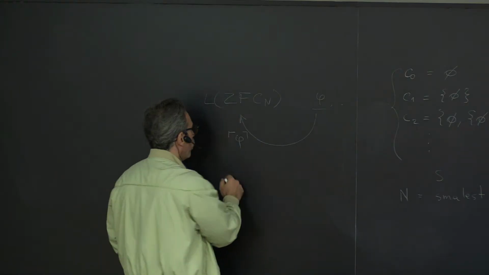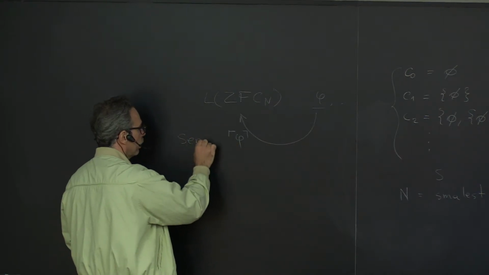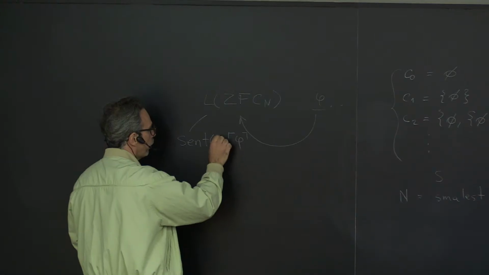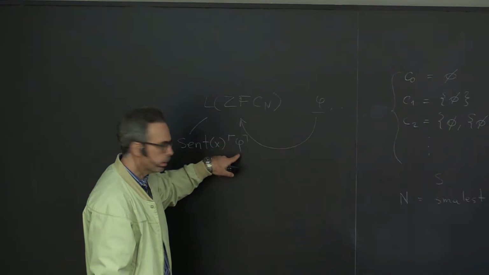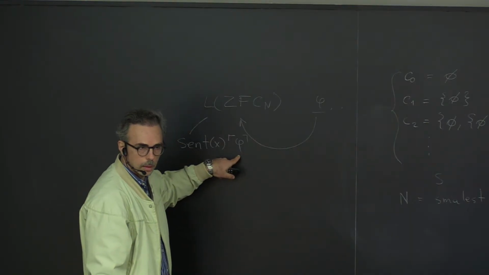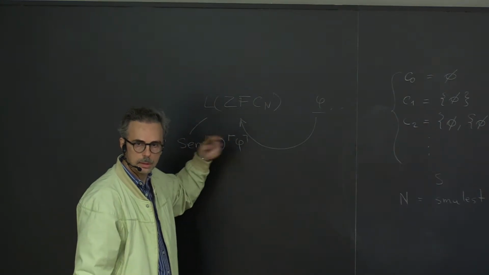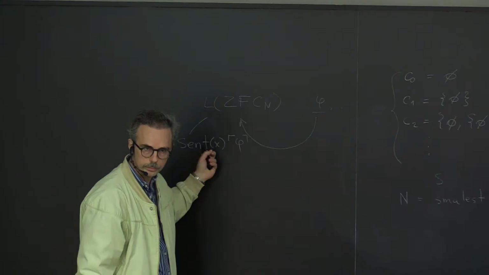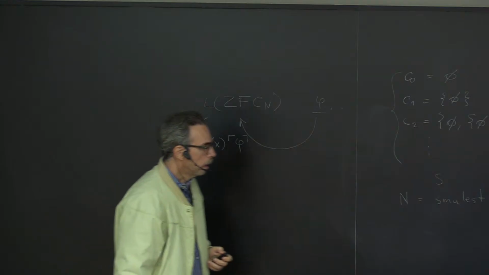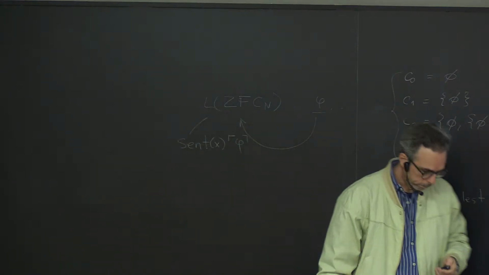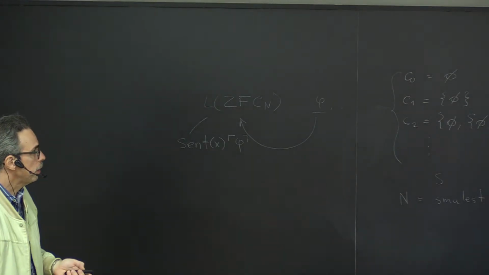That is, when you define the predicate of being a sentence here, the internal predicate of being a sentence here, you will have this, but you may also have other, which we say non-standard sentences here. So the problem of the truth definition, right?